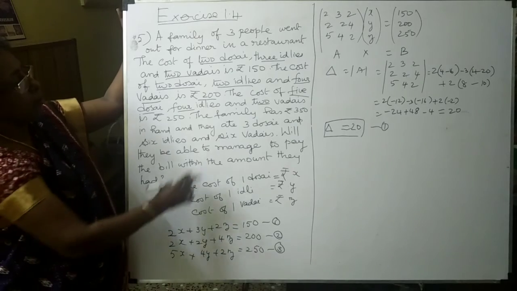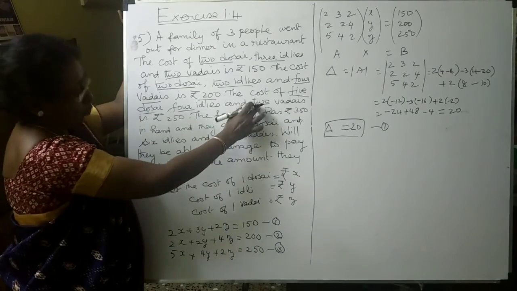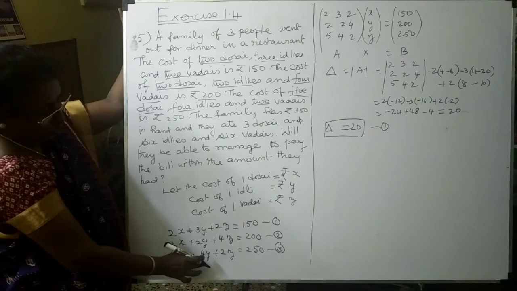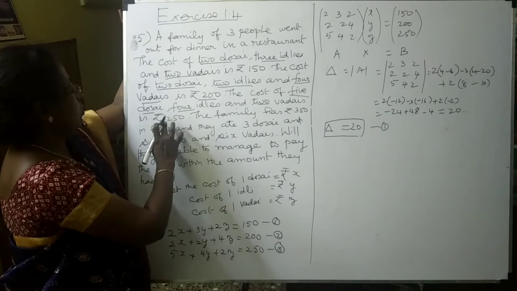The third, the cost of 5 dosai, 4 idlis and 2 vadais: 5x plus 4y plus 2z is equal to 250 rupees, which they spent.